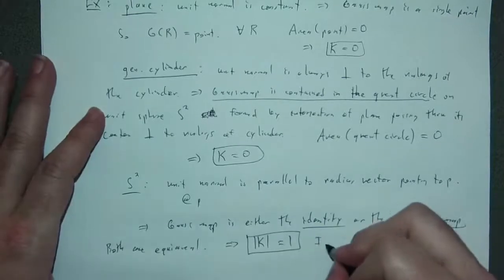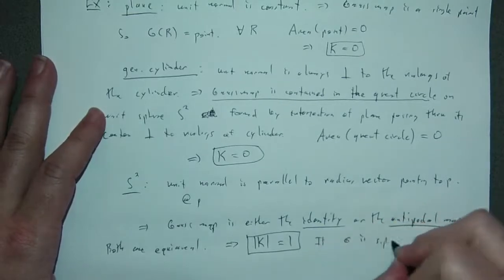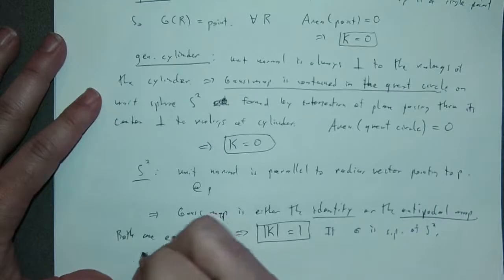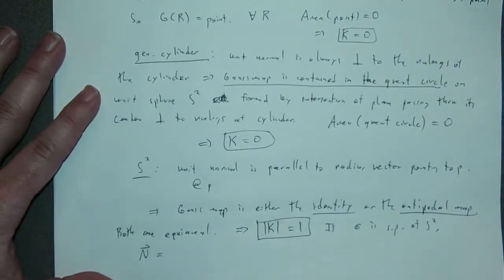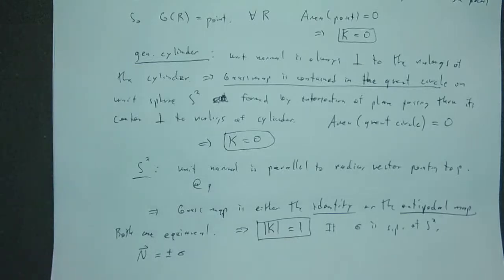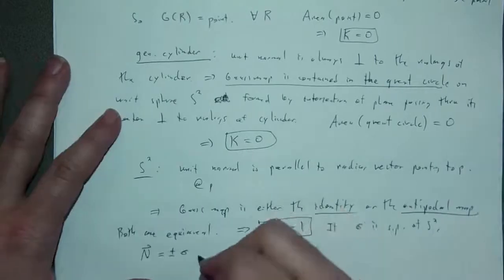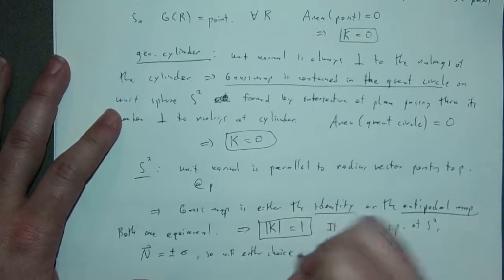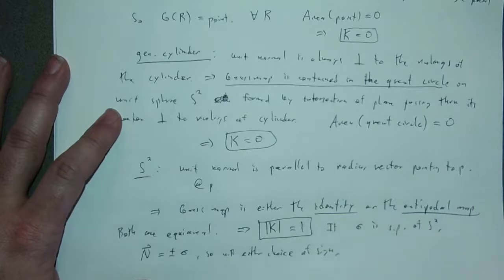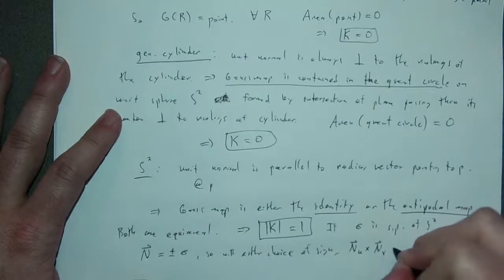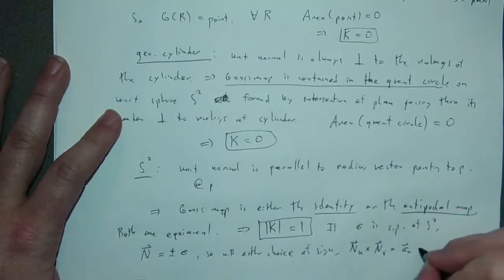Well, if sigma is any surface patch of S2, then I know that the standard unit normal is either plus or minus sigma, right? And so with either choice of sign, if I compute, say, n sub u cross n sub v, this is equal to sigma sub u cross sigma sub v.